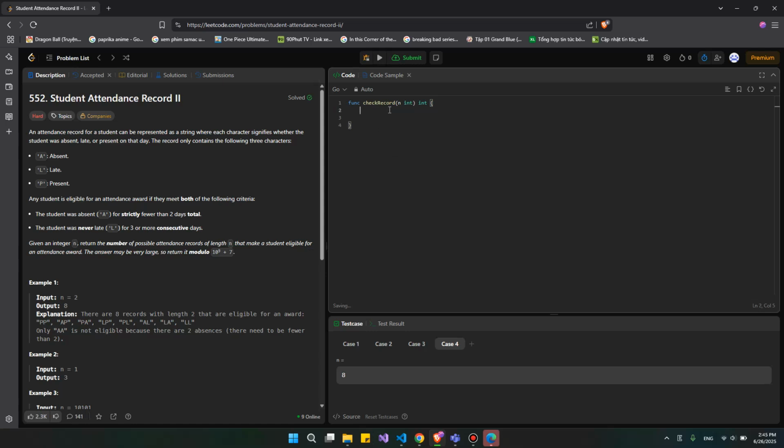So first, we will think about a brute force naive solution. Okay. I think we need to have a function where we generate every record and count how many there are, right?